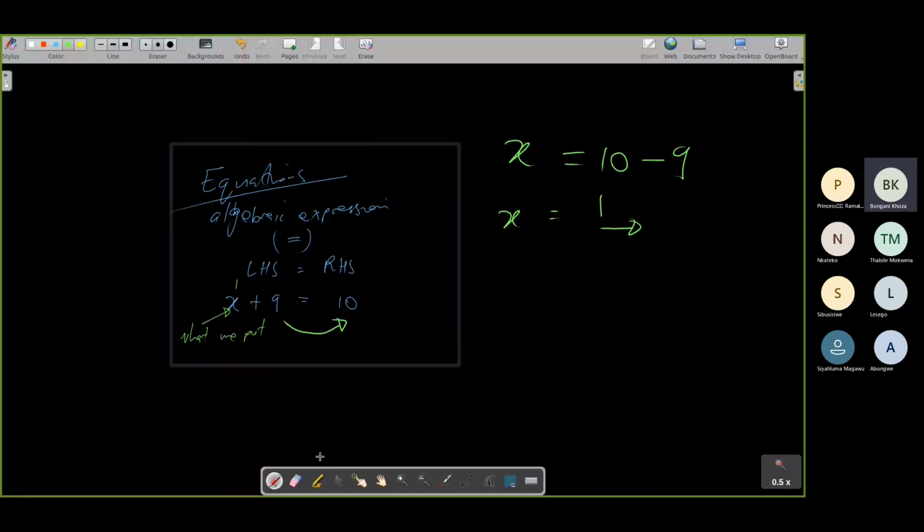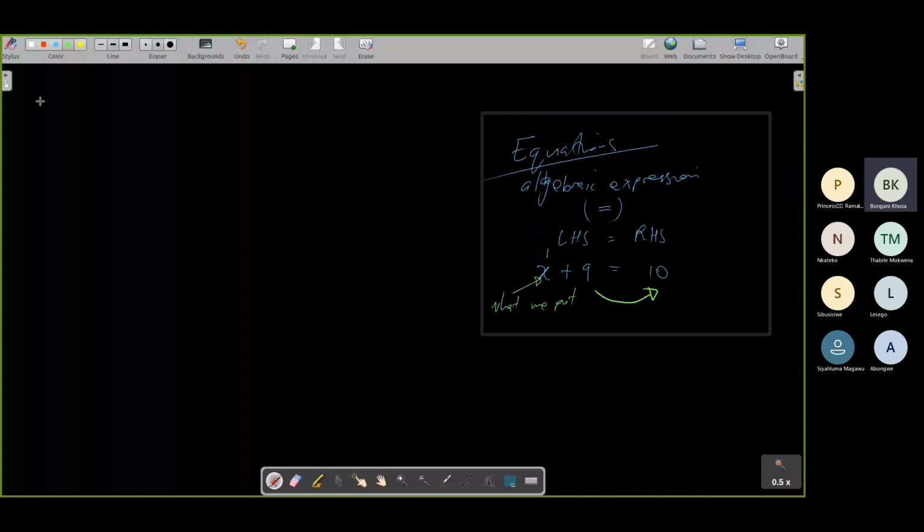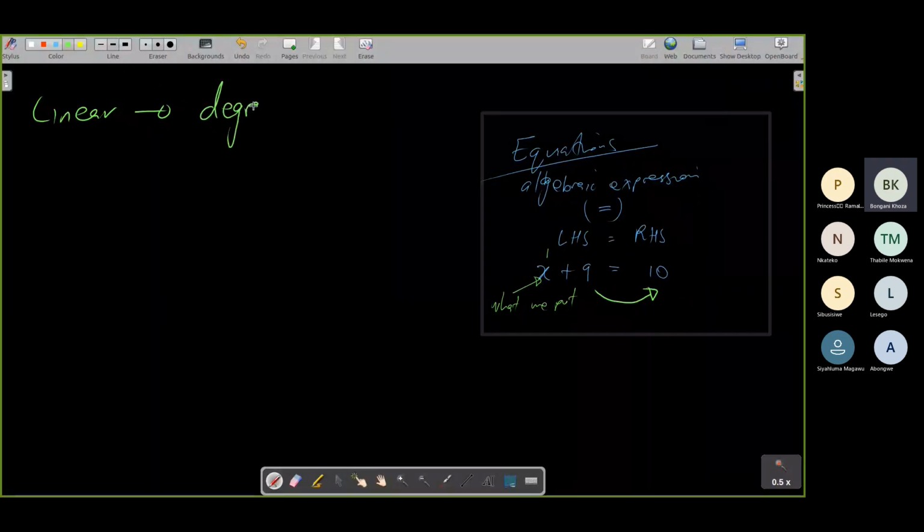I remember we said that we have different types of equations that we will look at. We have linear equations, which are just what we checked here. For linear equations, the degree is 1. Remember, we said the degree is the highest exponent in our polynomial or in our equation or expression.